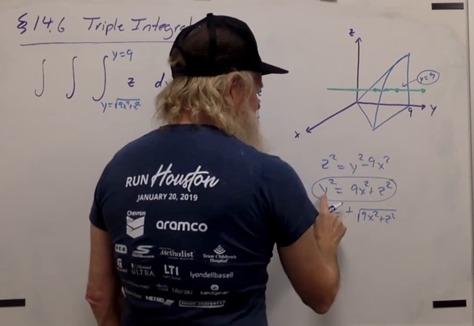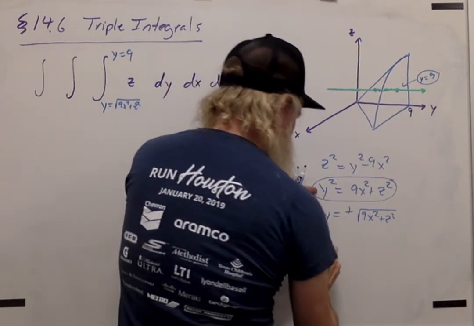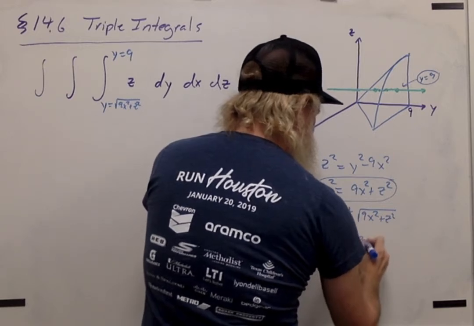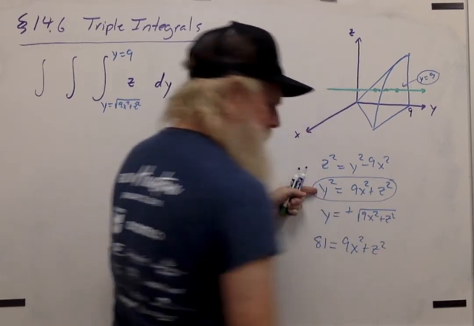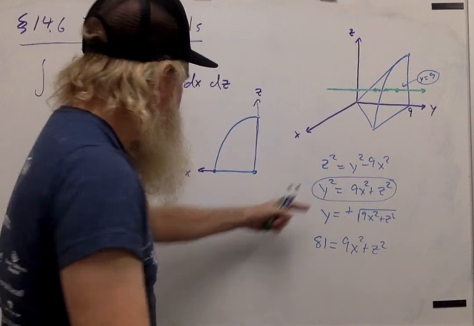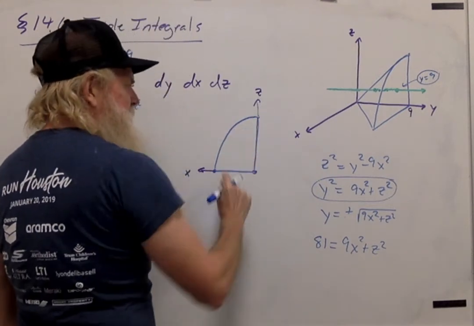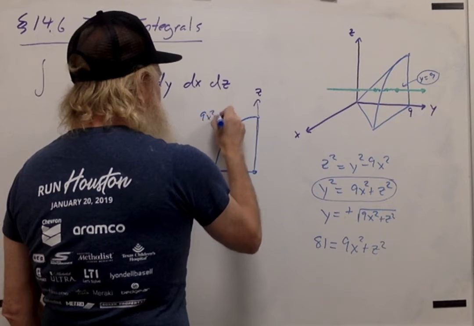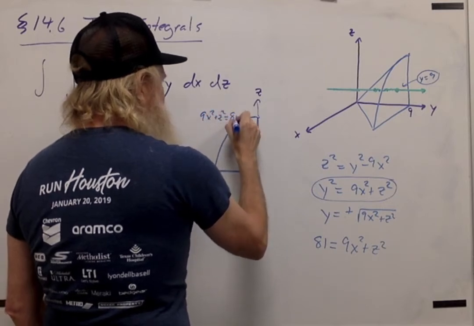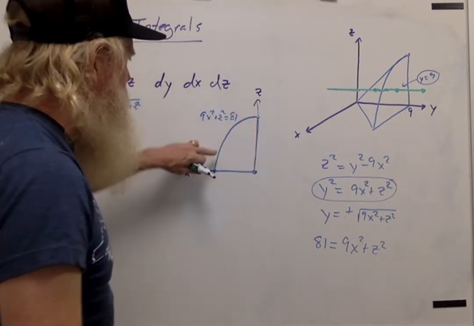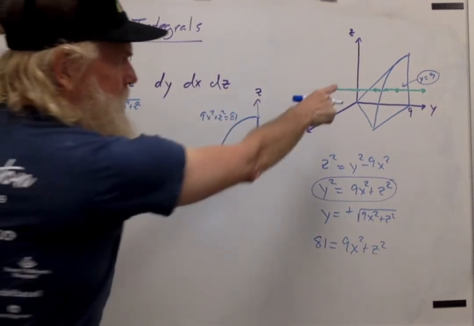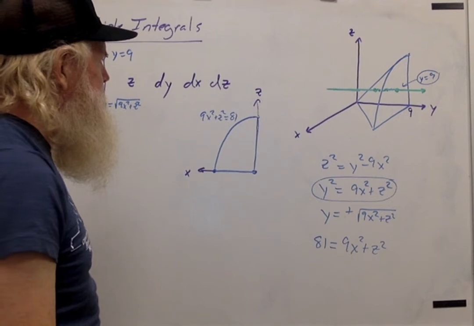If y is 9, then I would have 81 equals 9x squared plus z squared. So the equation for this piece of the ellipse is 9x squared plus z squared equals 81. So again, remember this is not in the XZ plane, it's hovering above it in the solid in space.